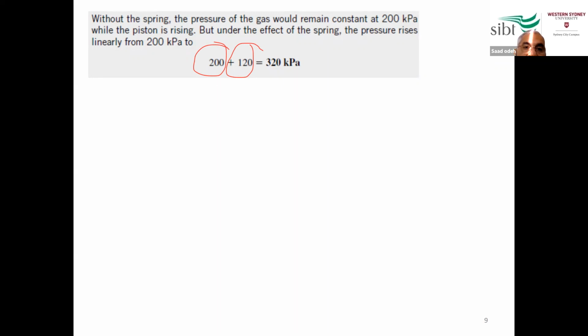Then the pressure of the gas inside the cylinder must overcome this. So we have to add 120 to the initial pressure to get the final pressure inside the cylinder. Okay, is this clear for everyone?